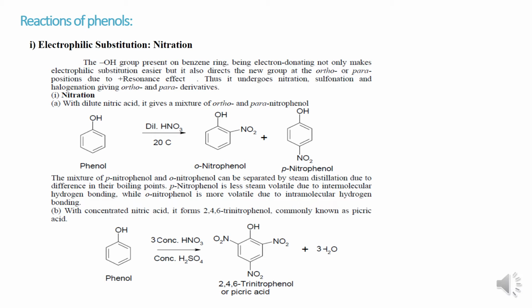Nitration, first one. With dilute nitric acid it gives a mixture of ortho and para nitrophenol. Just now I told you the nitro group is ortho-para directing. Remember, because the nitro electrophile is electron deficient, it approaches or adds to the ortho or para positions of phenol, because ortho and para positions are electron rich due to phenoxide ion formation.